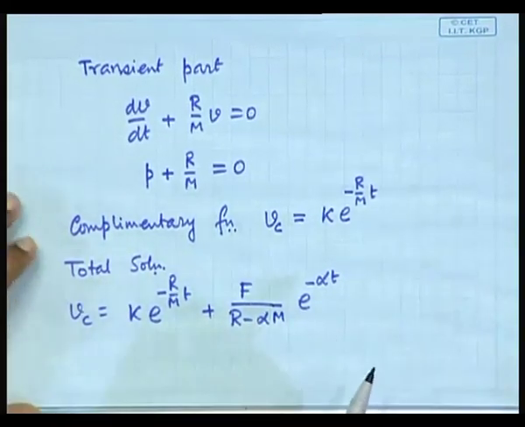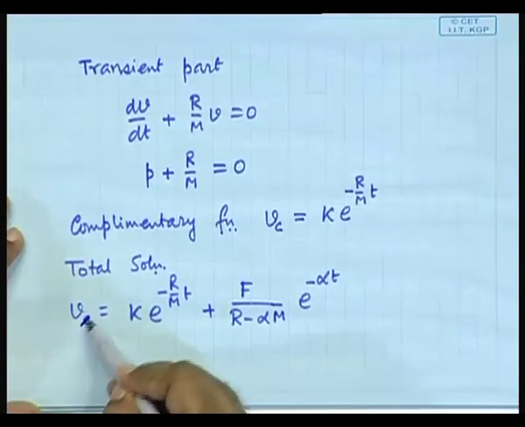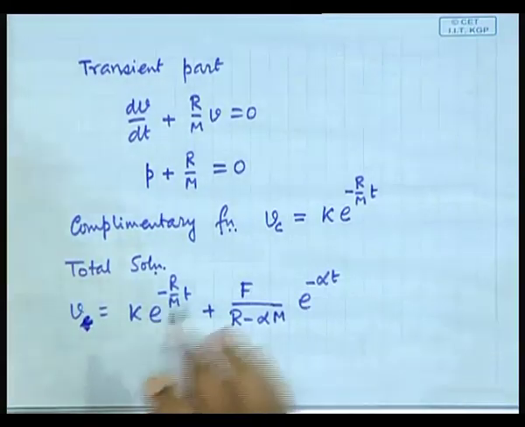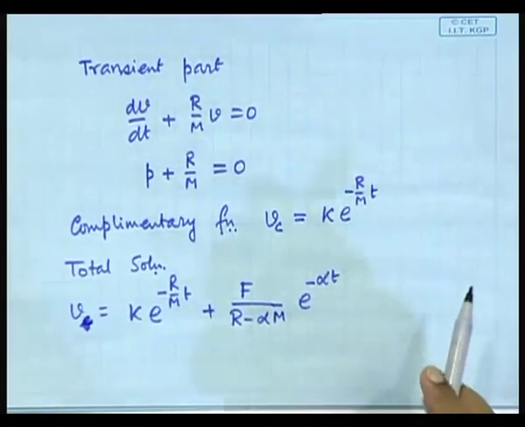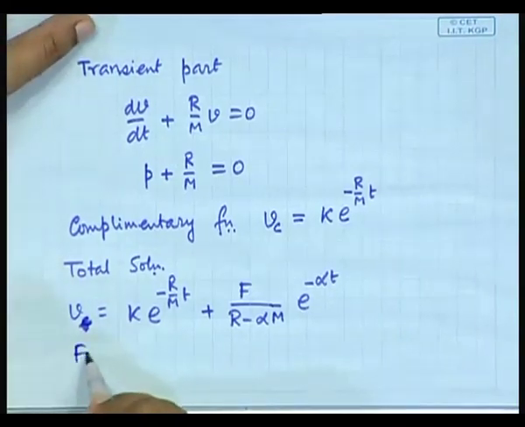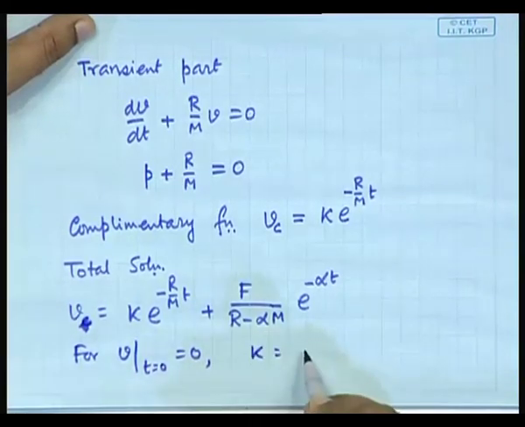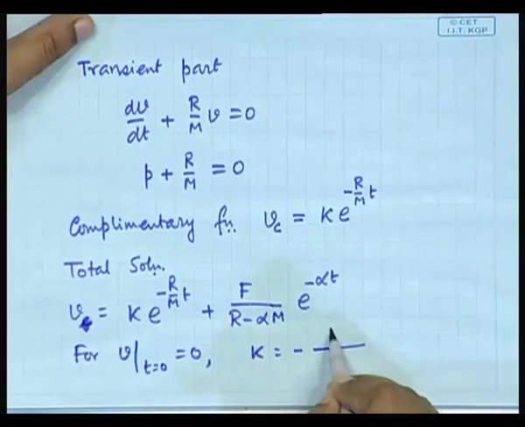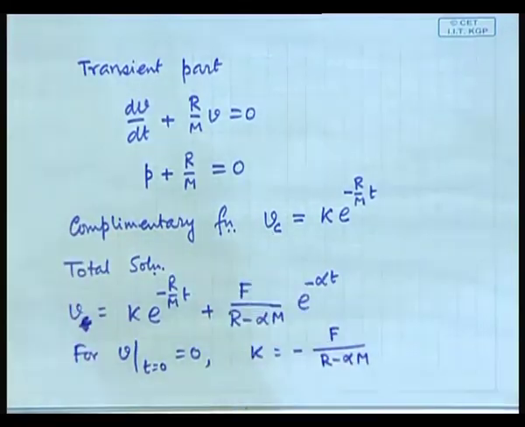That is not V c, it is V. Oh, yeah, this is the total V. I was writing the complementary function, and that was the particular part. So, for V at t equal to 0 being 0, k is equal to minus F by r minus alpha m. Now, just put it here, that is the solution.